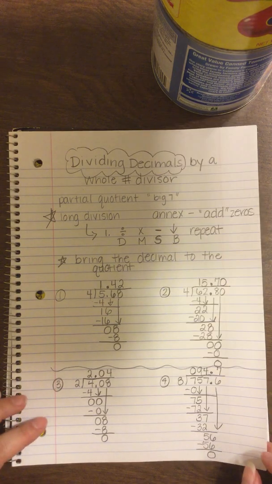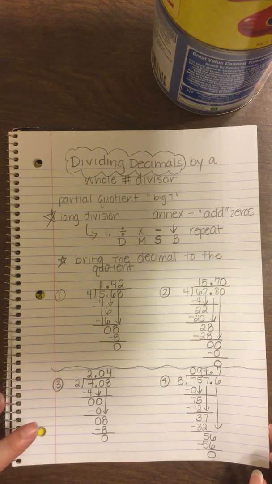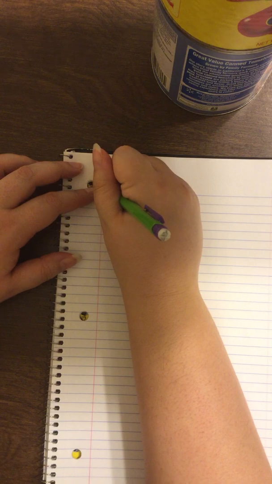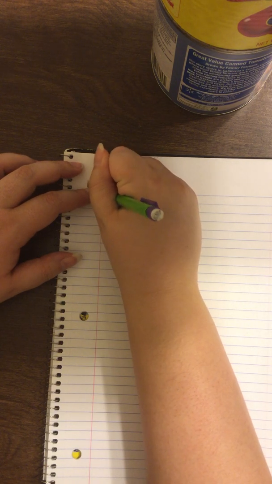Okay, so now I'm going to go ahead and show you what it would mean if I needed to annex a 0. Okay, so I'm going to do one of these. This is going to be number 5.